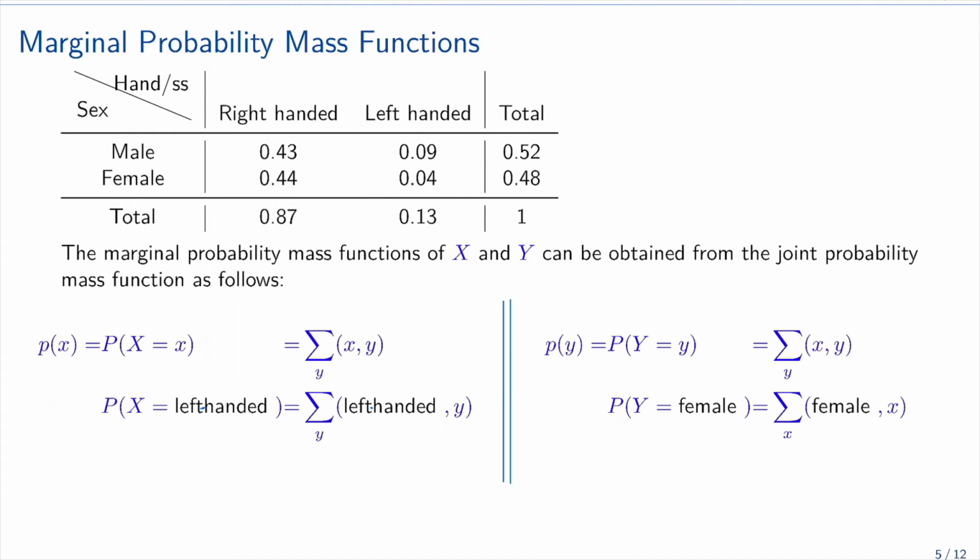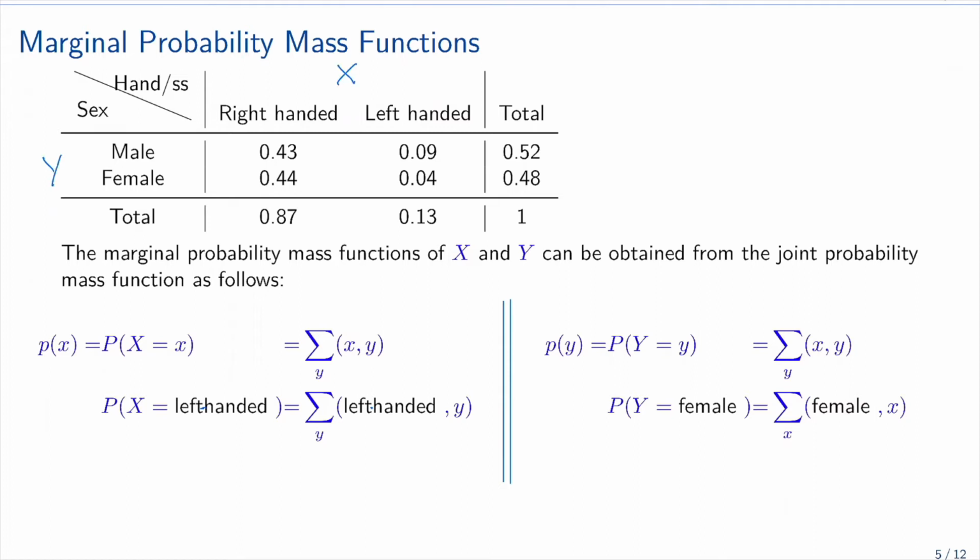Now remember, marginal probability mass functions. The marginal values are the ones that are on the margins. Some of those are going to be the marginal values for our x variable, and some of them are going to be our marginal values for our y variable.